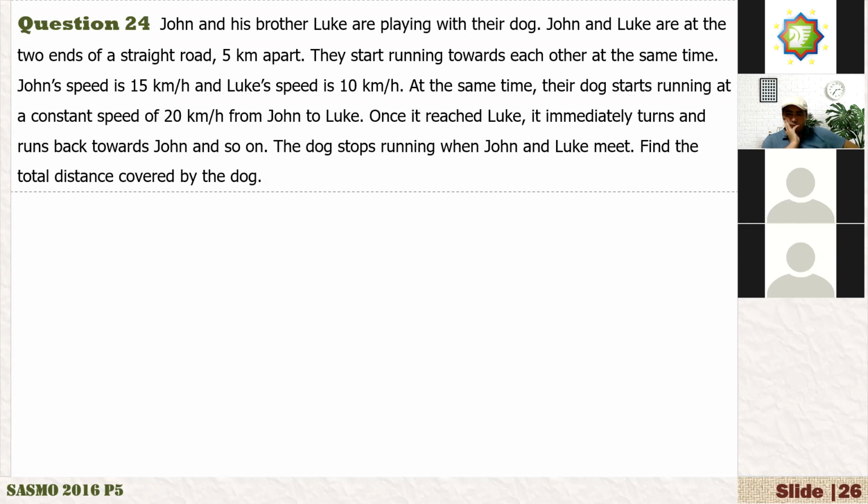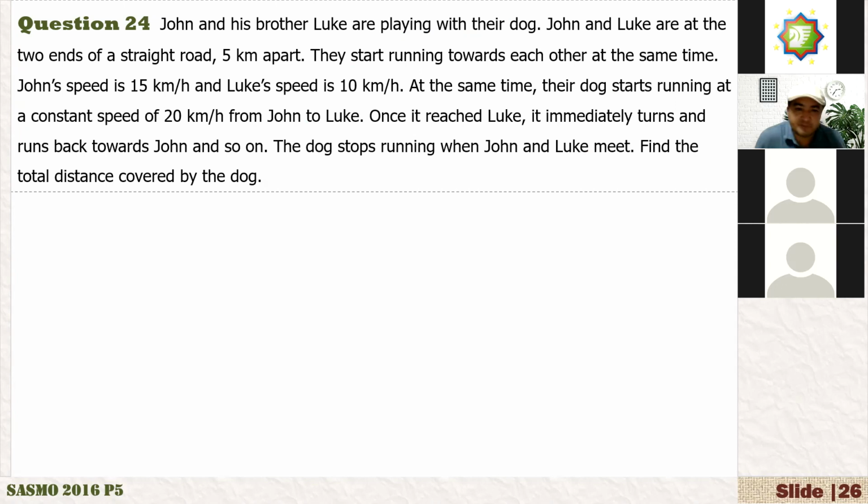At the same time, the dog starts running at a constant speed of 20 km/h from John to Luke. Once it reaches Luke, it immediately turns and runs back towards John and so on. The dog stops running when John and Luke meet. Find the total distance covered by the dog.